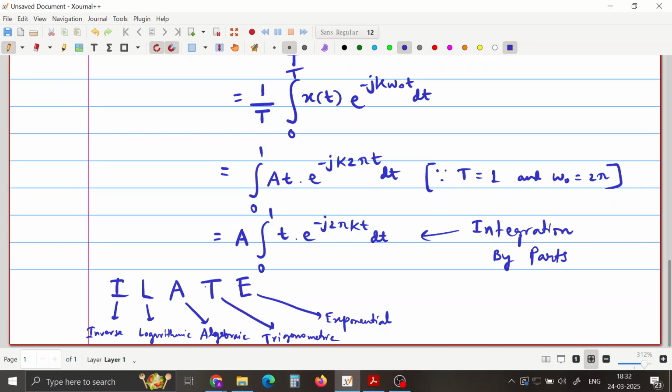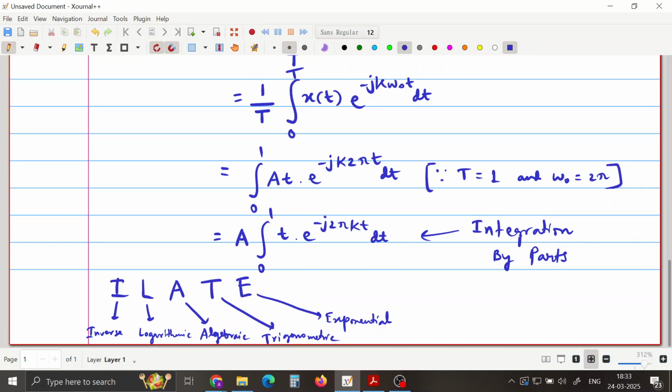The function that falls to the left in this sequence, as you move from I, L all the way to E, will be your first function, and the one which falls to the right category will be chosen as the second function. For example, in this case there is a product of two terms, t and e power something.